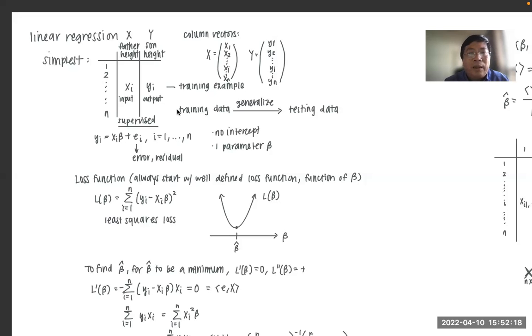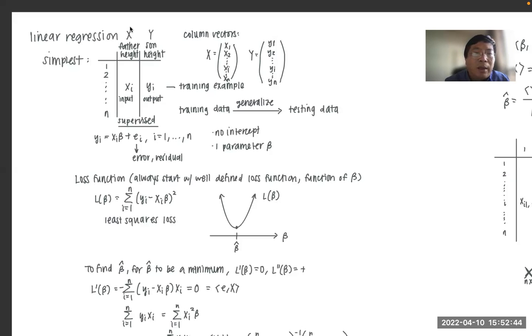So that's the basic idea for learning. And then the hope is that what we learned from the training data can be generalized to the testing data, or generalized to the whole population or underlying distribution that generates the training data. And a little bit of notation. So we use xi to denote the input. Later, we shall generalize xi to a vector, and then yi is the output.